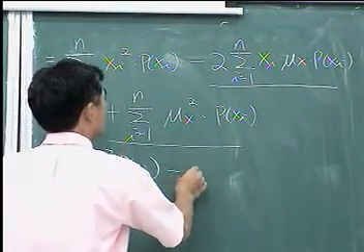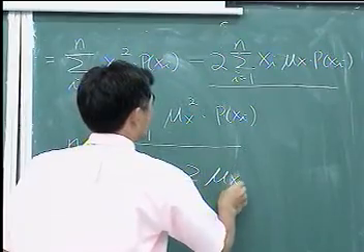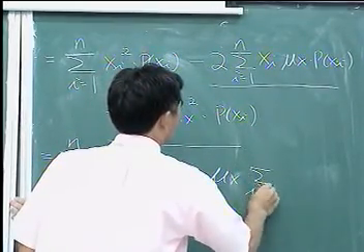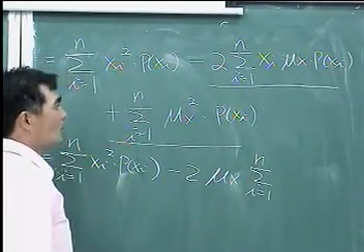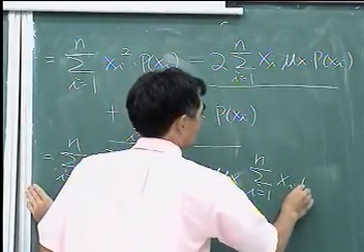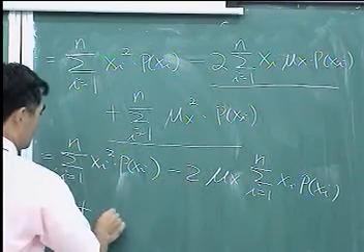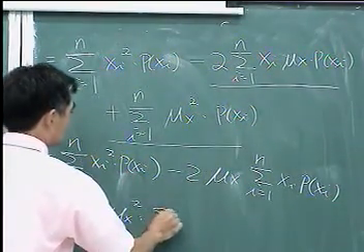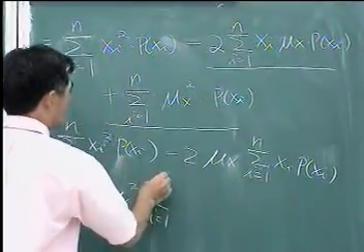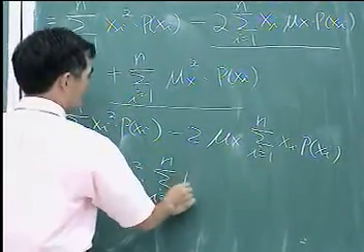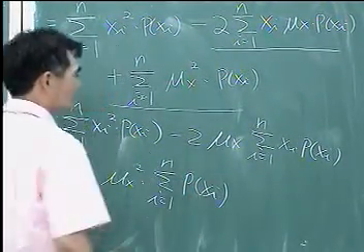So now, minus 2 mu x times the summation from i equal to 1 to n of xi p(xi), and then plus mu x squared times the summation from i equal to 1 to n of p(xi).